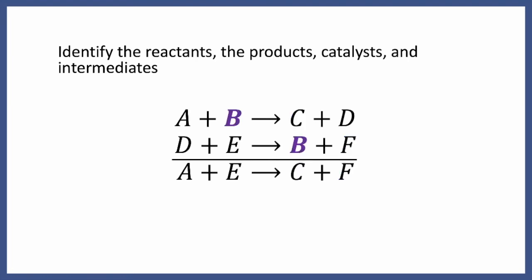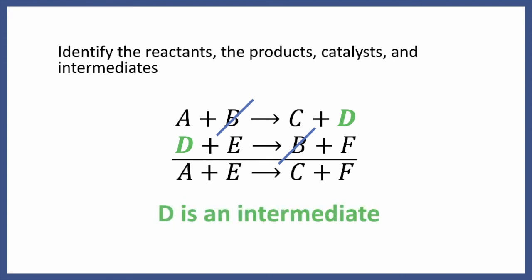Let's take a look at B. We see that B is a reactant in the first equation, however, it's a product in the second. It is a catalyst. It is used in one equation and then regenerated in a later equation. Now let's look at D. We see that D is produced in the first equation, but it is used in the second equation. D is an intermediate.